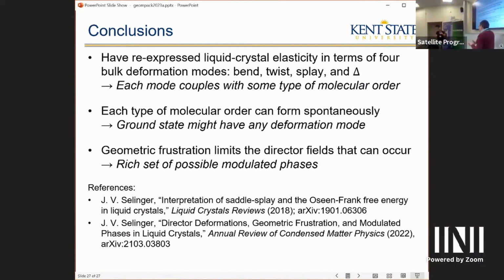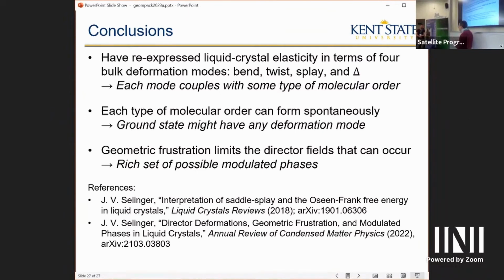You can lose stability, right? So I think maybe that's the point that you're thinking of. The elastic free energy that I formulated is positive definite in most cases, right? But there can be situations where it's not positive definite, and then it must be stabilized by some higher order terms.